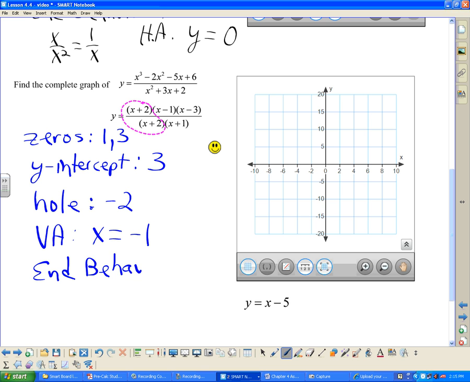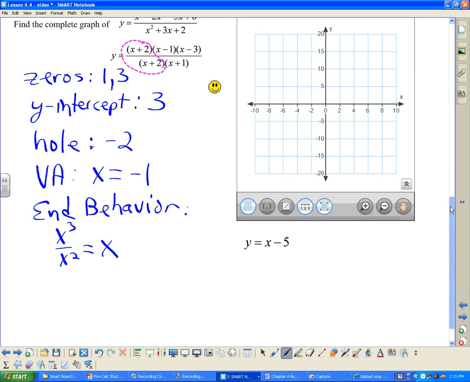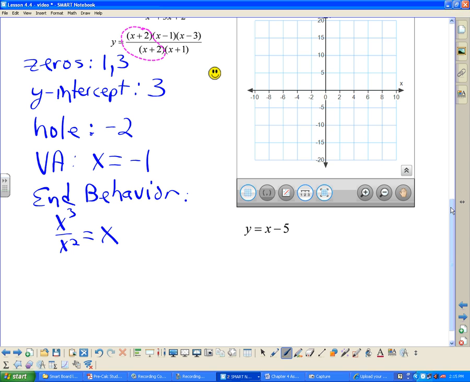And in this case, we have the degree of the numerator is 3, degree of the denominator is 2. And if we simplify that fraction, we're going to get just the value of x, which means it's going to give us a slant or oblique asymptote. And so when we're looking at them, we're just going to focus on the x minus 1, x minus 3, and the x plus 1 to find it.